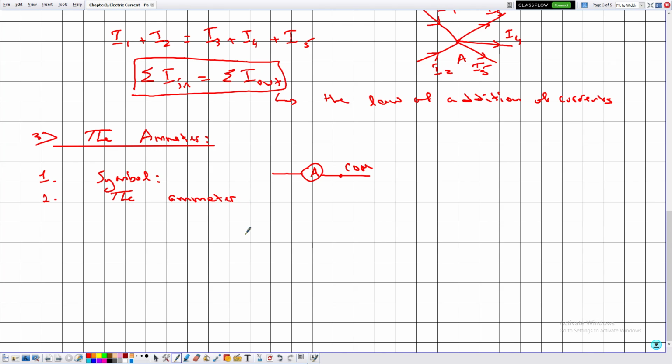The ammeter is an apparatus which measures the current across a branch of an electric circuit.